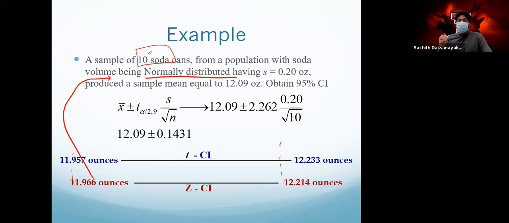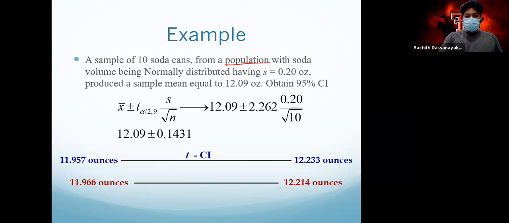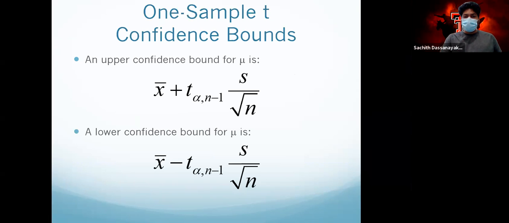So the only reason I have mentioned Z is because of this. Clear? If you don't have this, then there is no Z interval. So talk about this one. Our T interval is like this. Okay. So why is this?